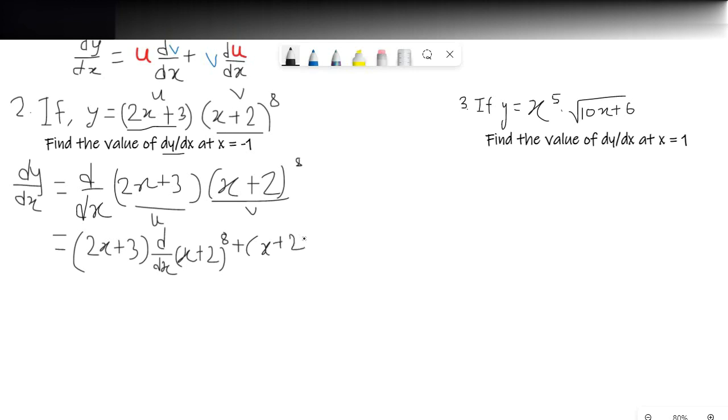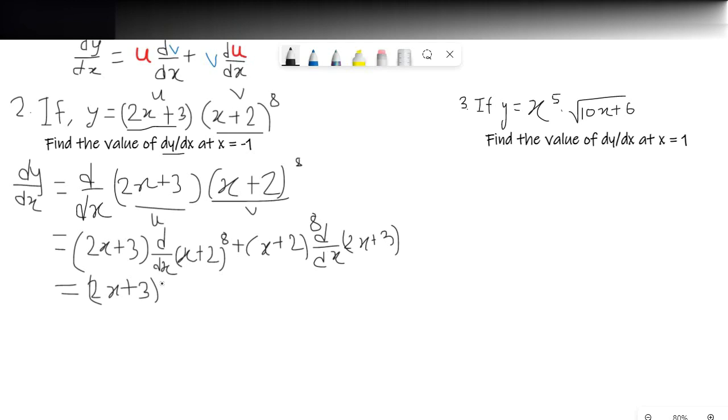which is (x plus 2) whole to the power 8 multiplied with the derivative of 2x plus 3, which was considered as u. So you get 2x plus 3 multiplied with the derivative of (x plus 2) whole to the power 8.